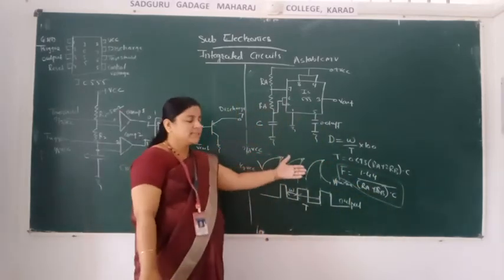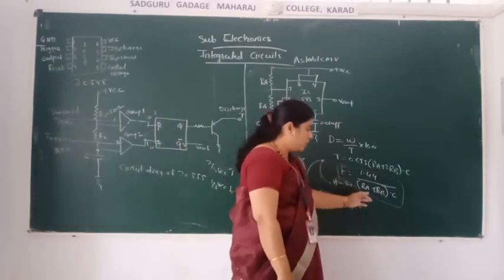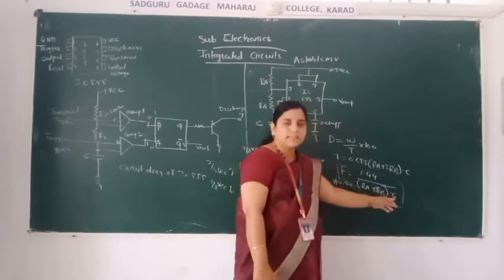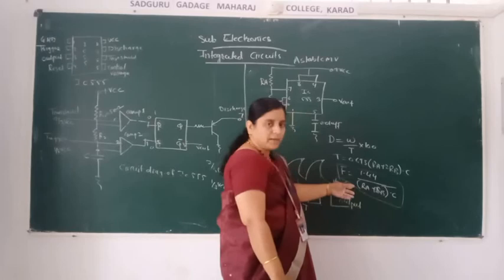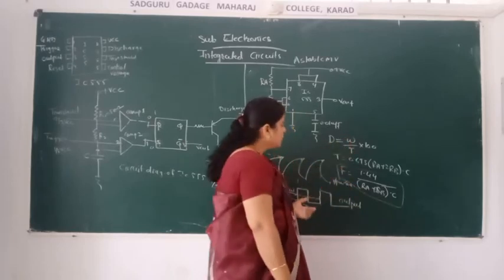Many examples are asked on this formula. Calculate the frequency when the values of RA, RB and C are given, or if the frequency is given, you have to calculate C. At that time we use this formula. So this duty cycle depends on the width and time of this waveform.